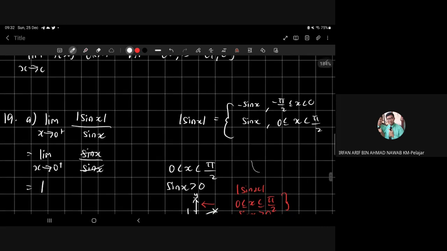The reason why I'm using this range is because x is approaching 0. So I'm trying to find on which interval sine of x is always larger than 0 and on which sine of x will always be less than 0.